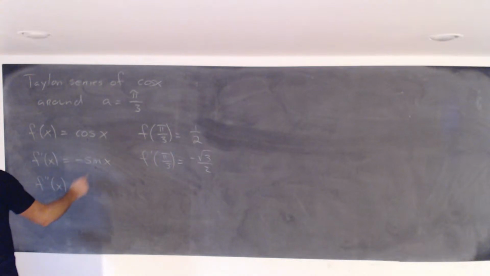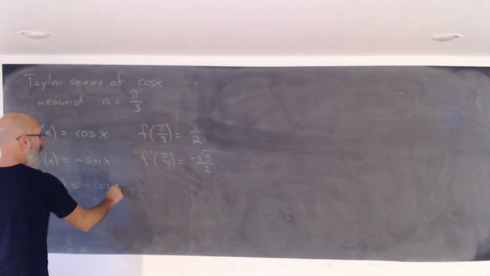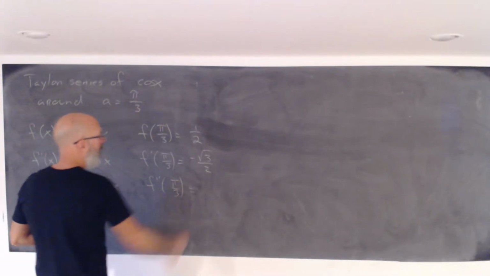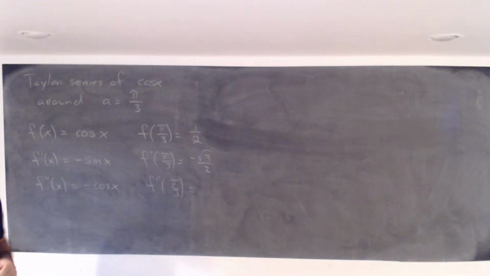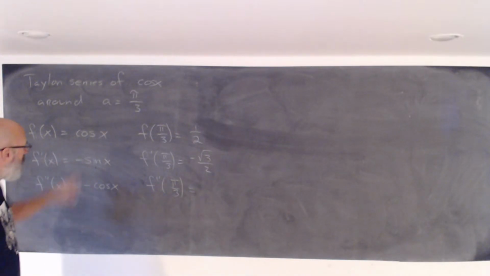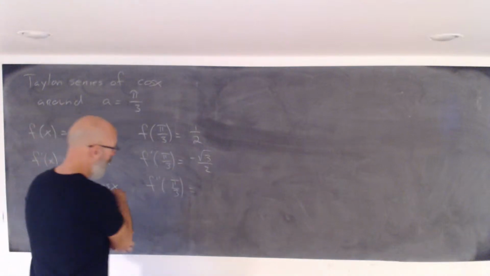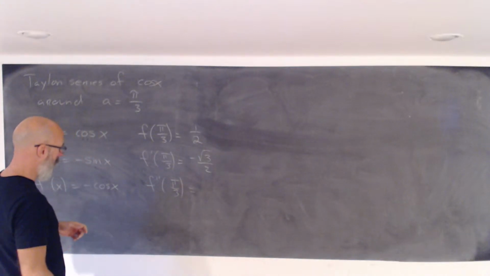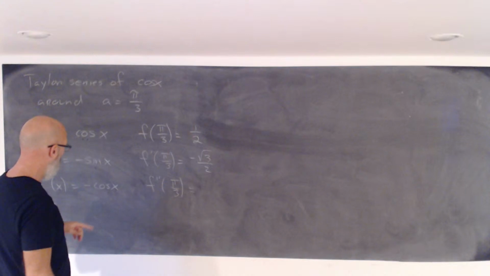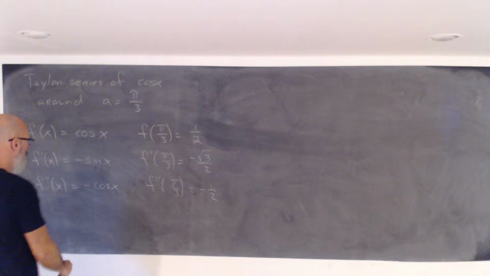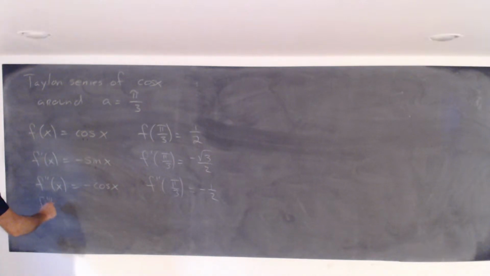Second derivative at pi over 3. And you keep going until you see a pattern arising. You know that the fourth derivative is going to come back to cosine, so you're going to have that pattern arising. But there it is. So this is negative 1/2, and so on, right?